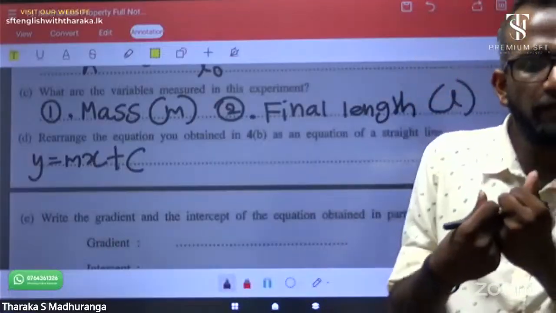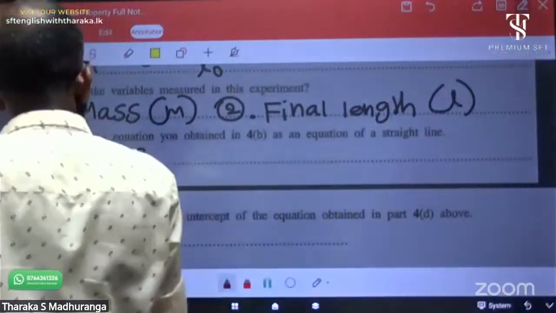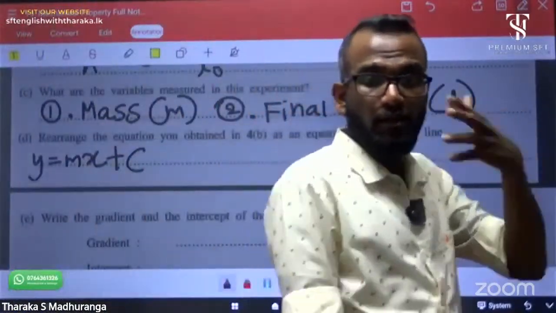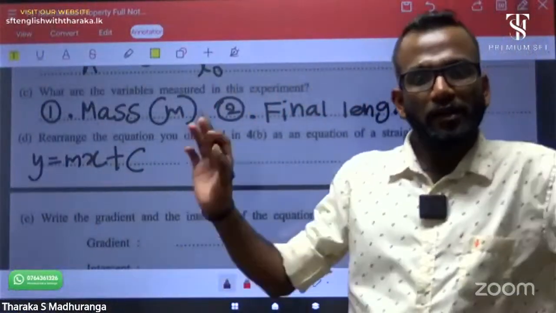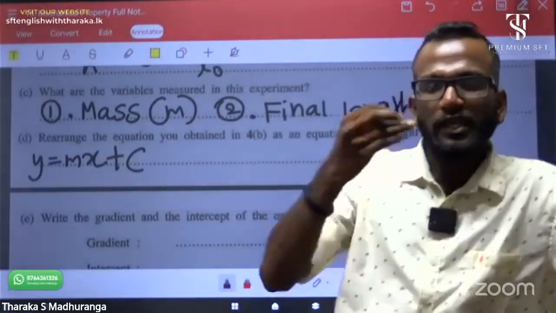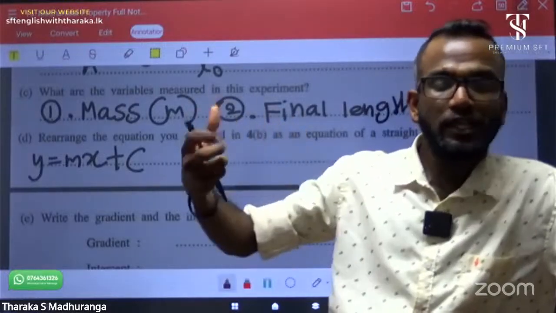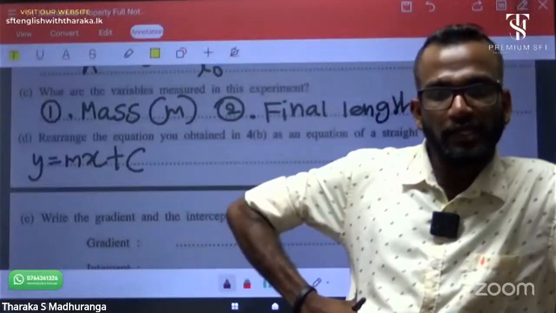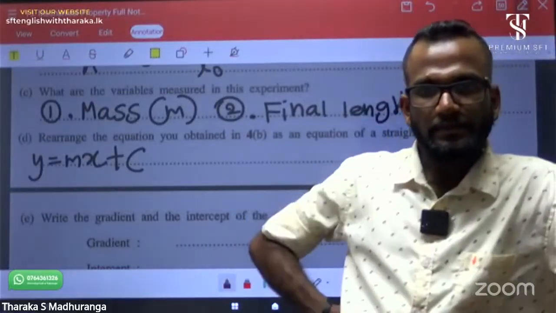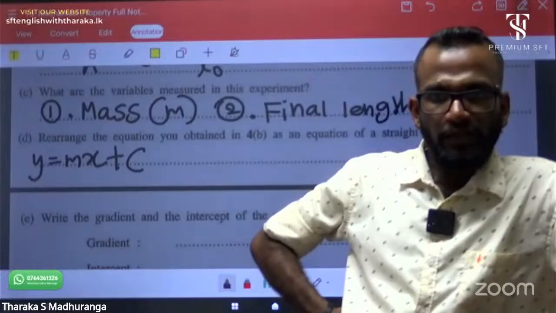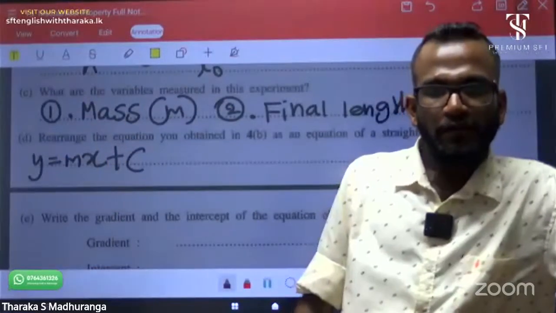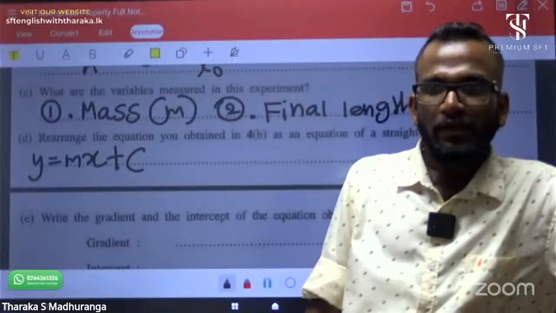Mass and final length are the measured things. Which factor is changing by us? Mass, very good. The final length is automatically changing, right?